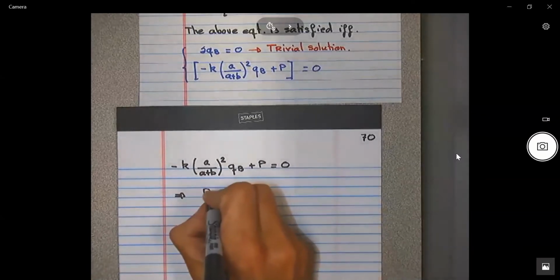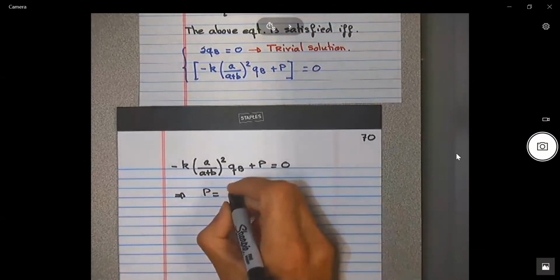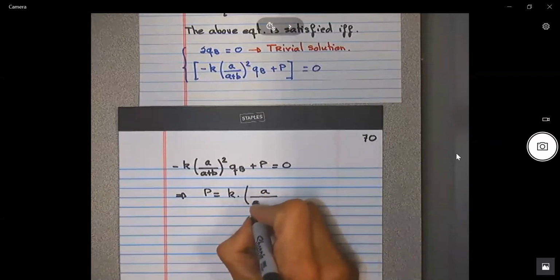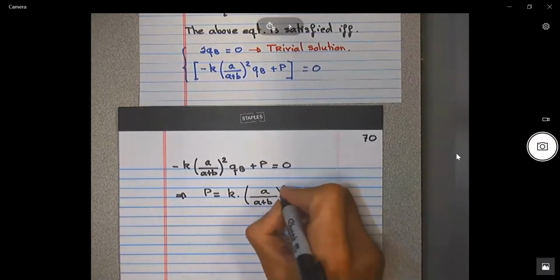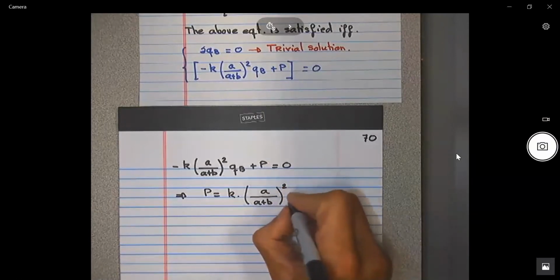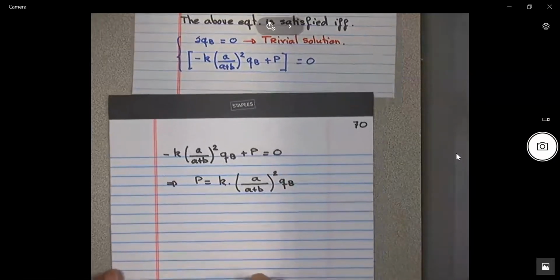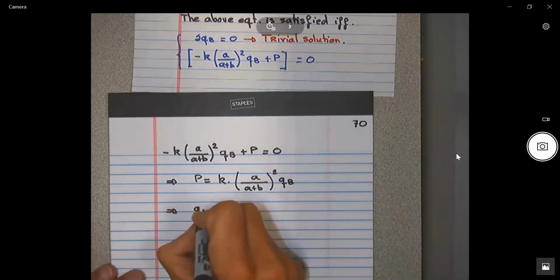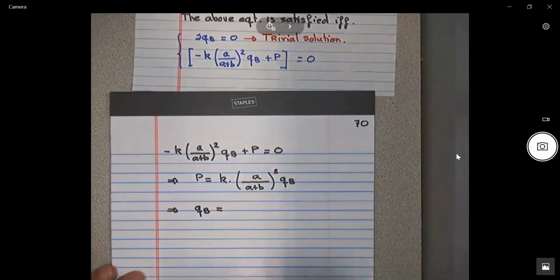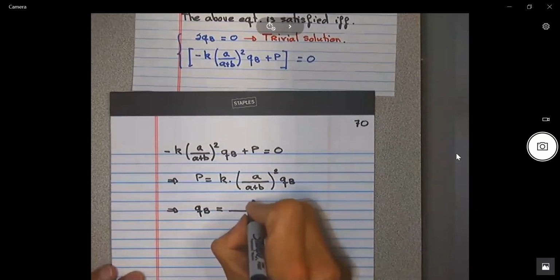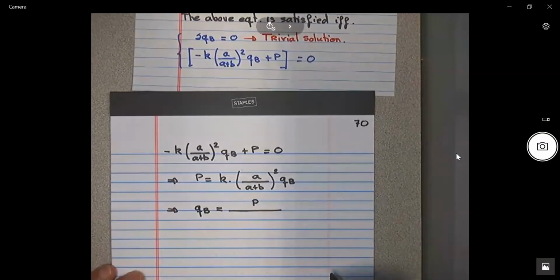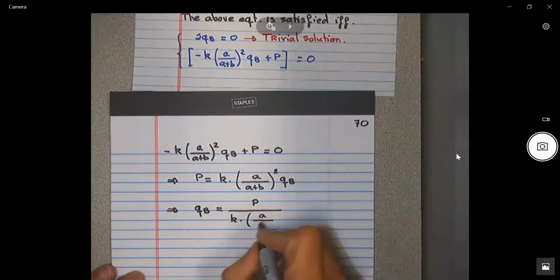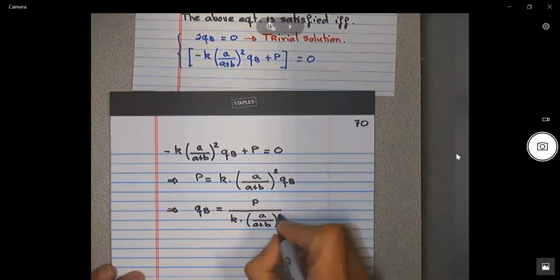That gives that P is equal to K A over A plus B squared Q sub B. But here we actually need to solve for Q sub B, which is the deformation at point B, which gives us P divided by K times A divided by A plus B squared.